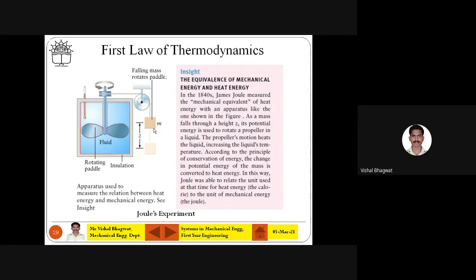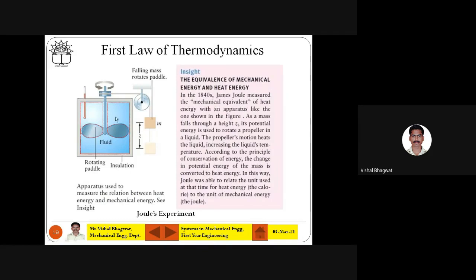M is the mass. What is happening is that the mass lowers down or moves up and down. That way the propeller is rotating, and as this stirrer or propeller is mounted with these pads, they are turbulating the fluid, and that's why there is a motion of molecules here and there, and you get a rise in temperature.